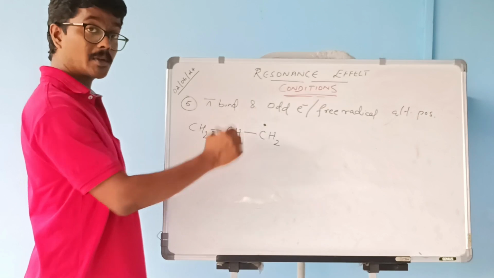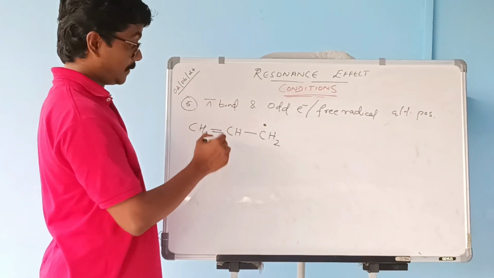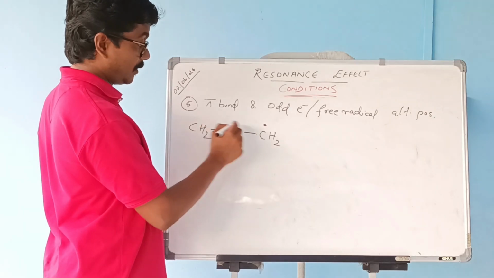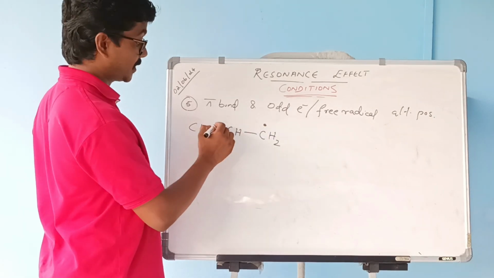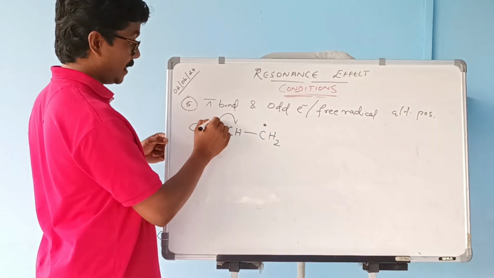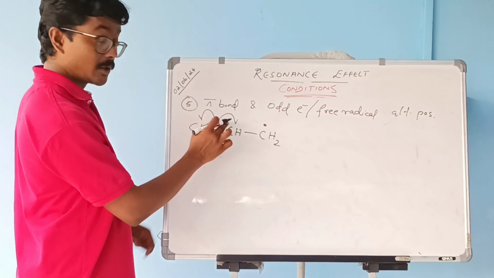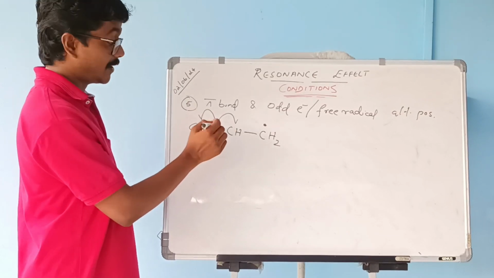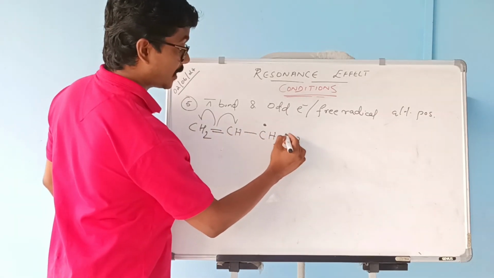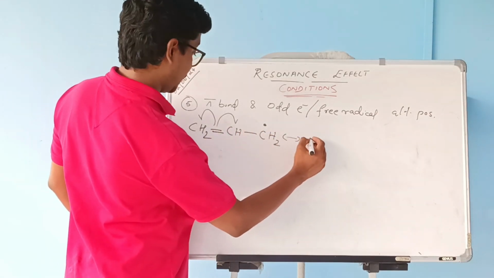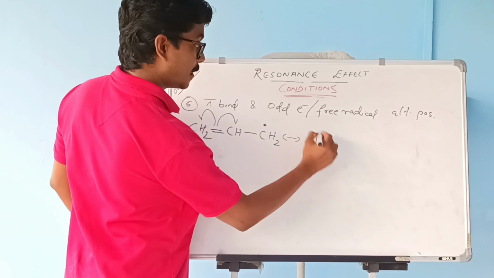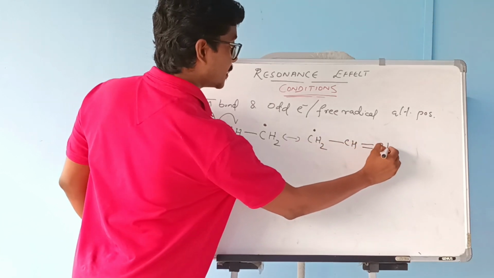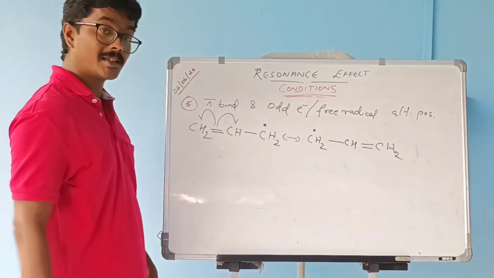Okay, this is an odd electron. So what is going to happen? This is a pi bond, and the odd electron is in alternative position. Here we use not a complete arrow but a half arrow, the head of the half arrow. So one electron comes here, and CH2 with an odd electron, CH double bond CH2, right?